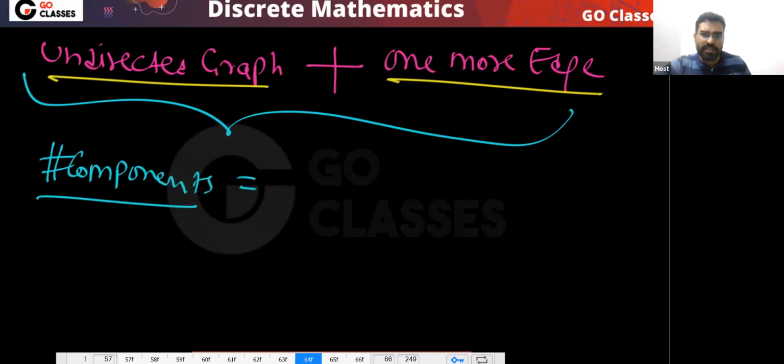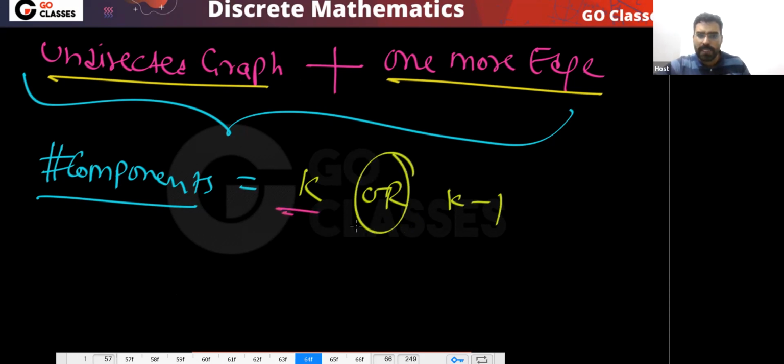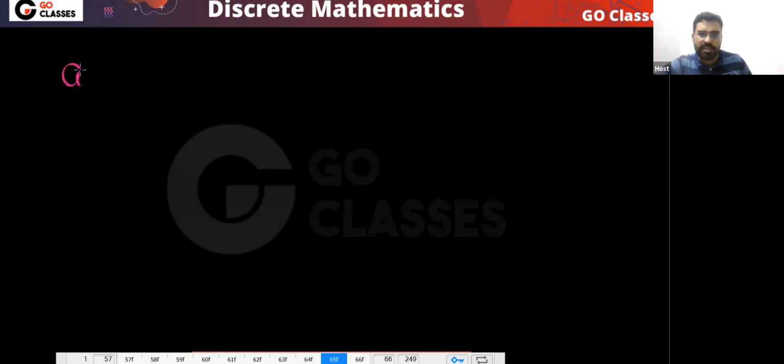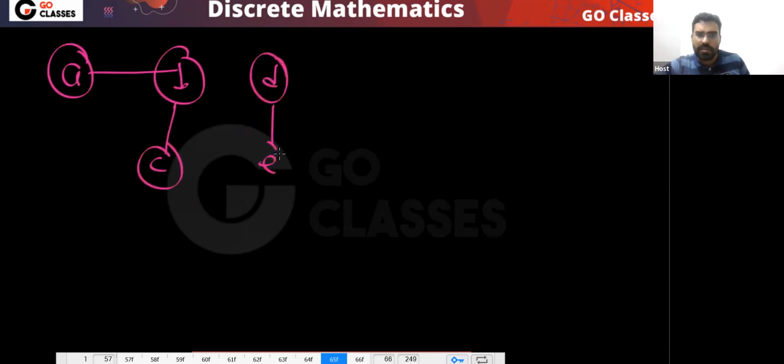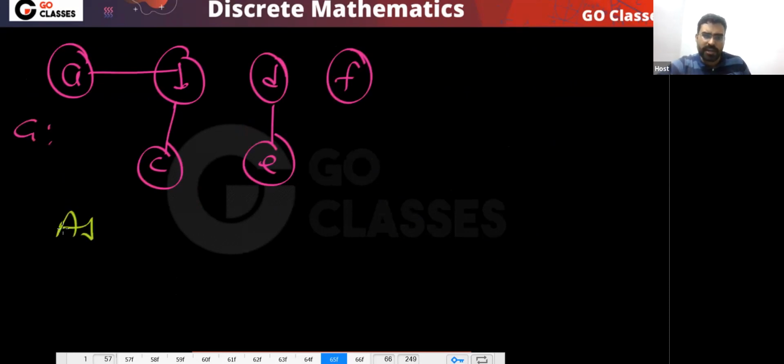Very simple. Either the number of components will remain unchanged, it will be K, or it will become K minus 1. For example, consider this graph with vertices A, B, C, D, E, F. This is your graph G. In this graph, the number of components is 3.